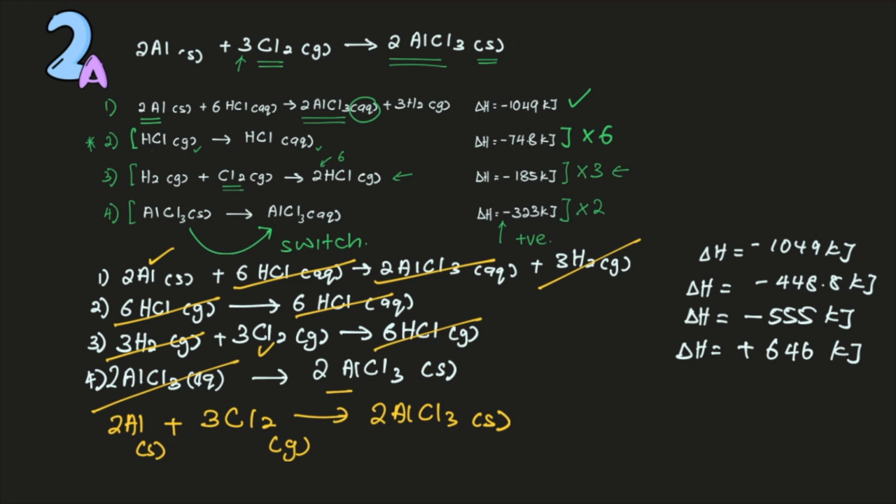So this matches exactly our target equation. What we are going to do with the delta H is just sum them up, and you should get delta H equal to negative 1406.8 kilojoules. So this is the final answer for question number 2A.